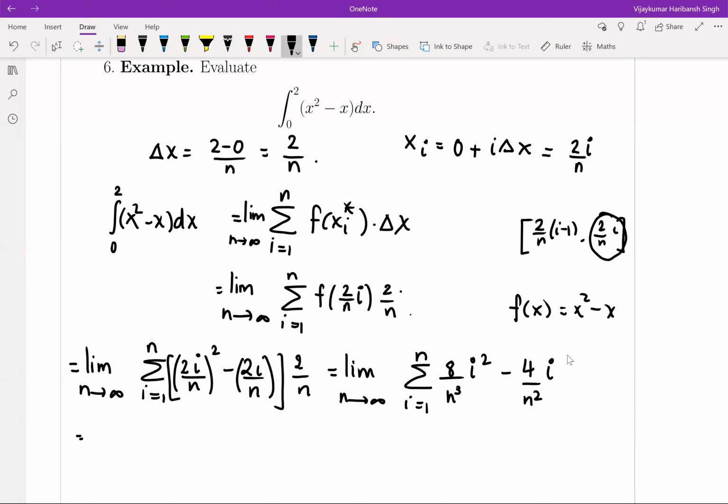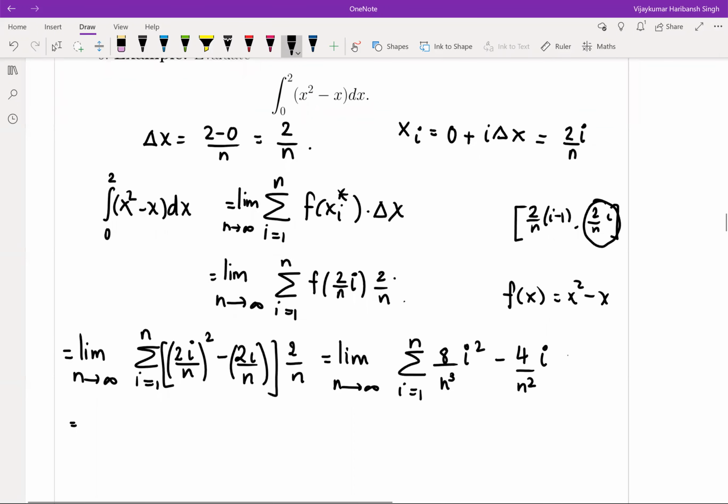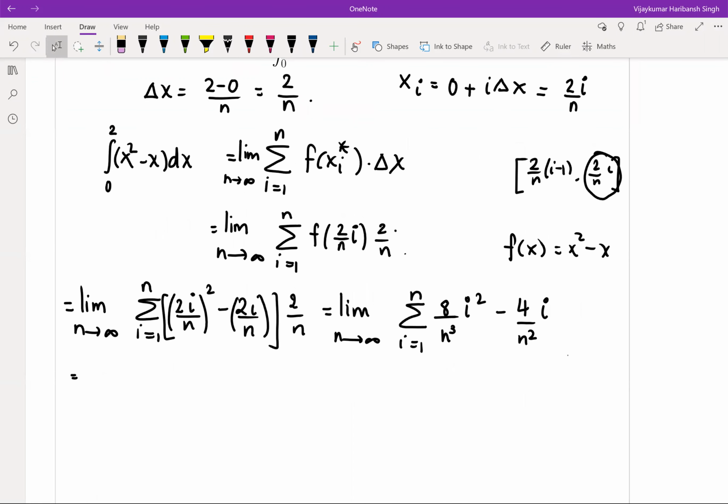Now we can break the summation. As we saw, summation of ai minus bi is summation ai minus summation bi. So we'll break that. We'll have 8 by n cube common, and summation i going from 1 to n of i square. For the next part, I have summation i going from 1 to n of 4 by n square times i.